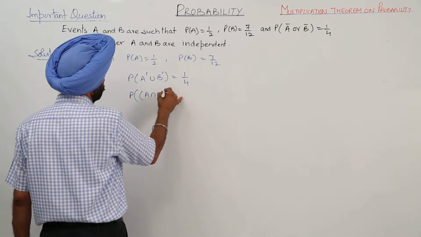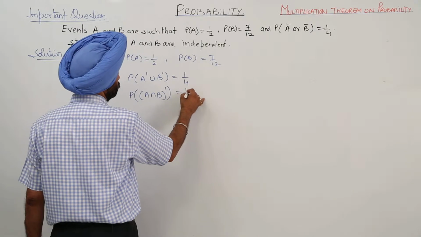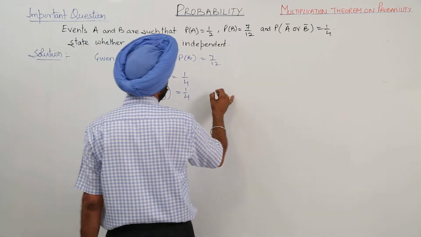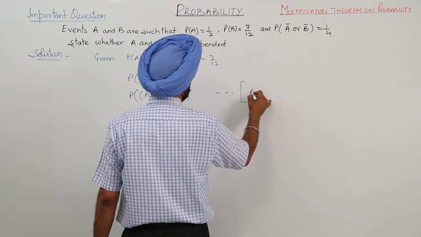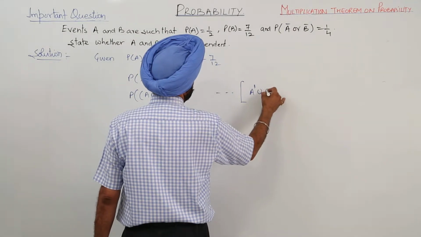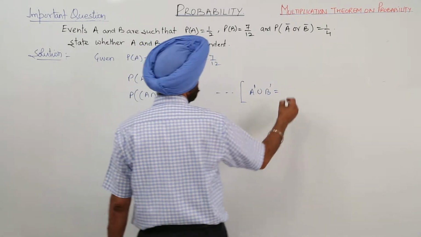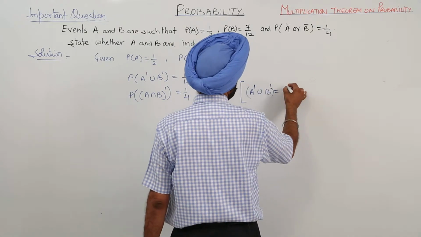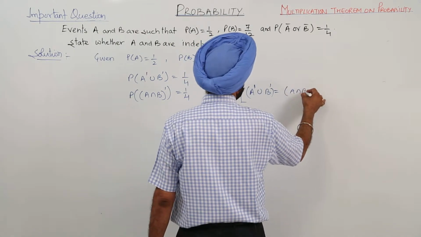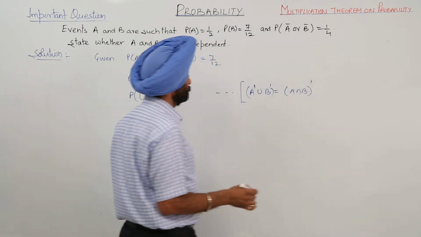A and B' is equal to 1/4. A' or B' is equal to A and B'.